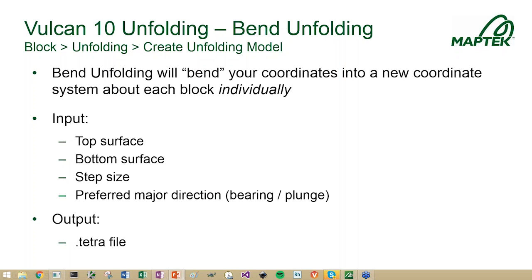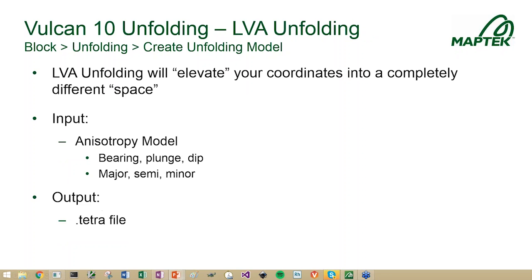Okay, the next one is LVA unfolding, and this is much more complicated, and I'm not going to be able to do it justice in this short amount of time. But it's going to take your real coordinates and an anisotropy model, which I haven't really talked about yet, but we're going to talk about in just a couple minutes.